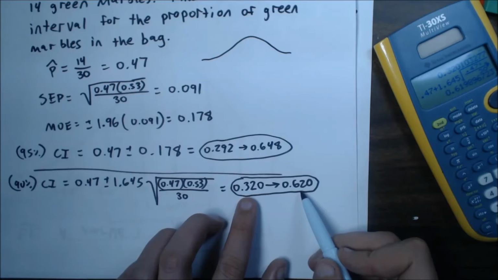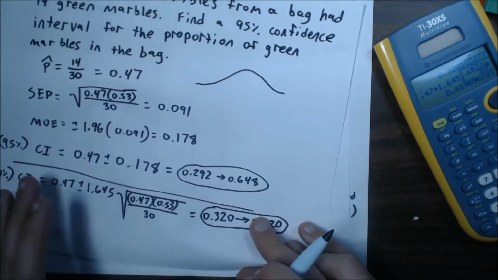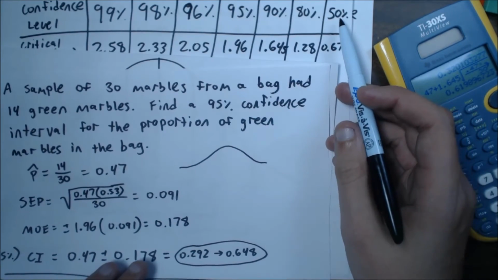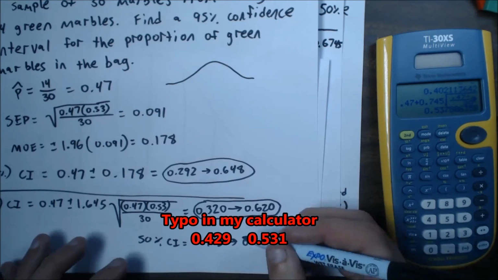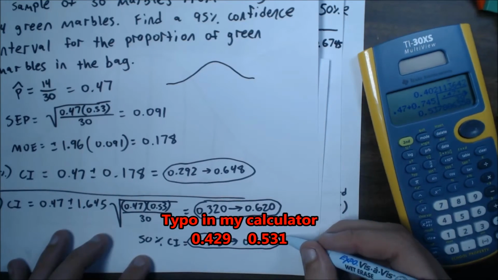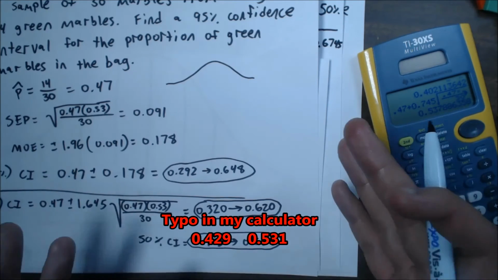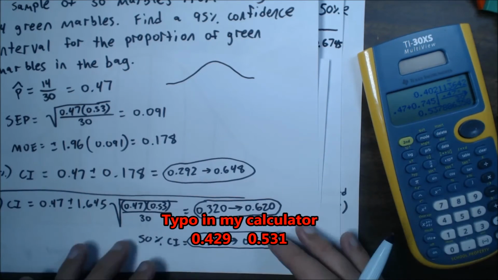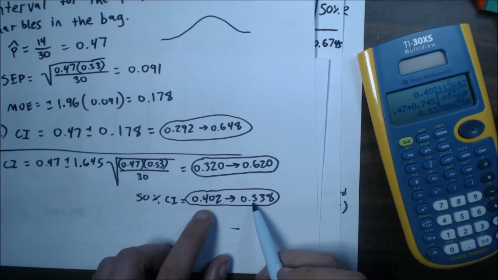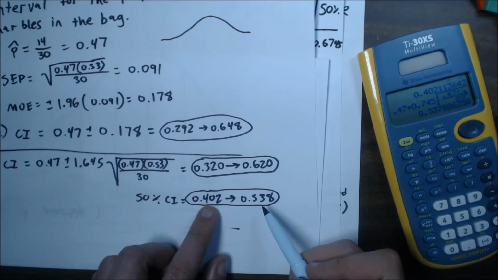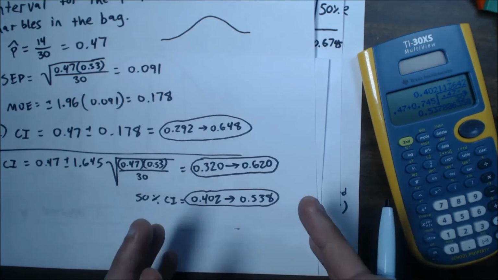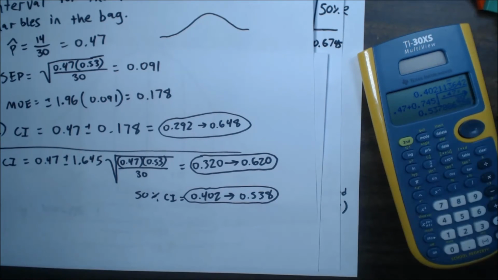Okay, you could go as low as you want to go. If I was willing to go to a 50% confidence level, it would be even smaller than this, right? So I'm only 50% confident here. It's about a 50-50 whether I'm right or not, but I'm 50% confident that between 40.2% and 53.8% is the true proportion of green marbles in the bag.